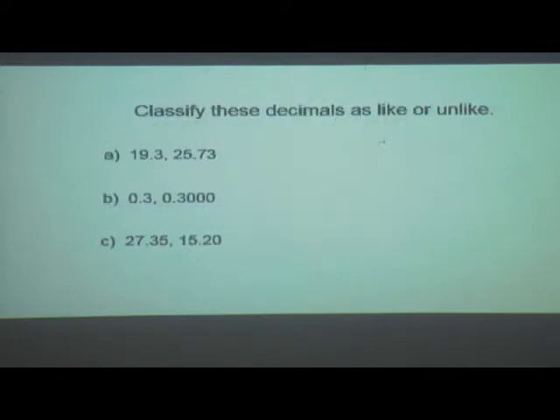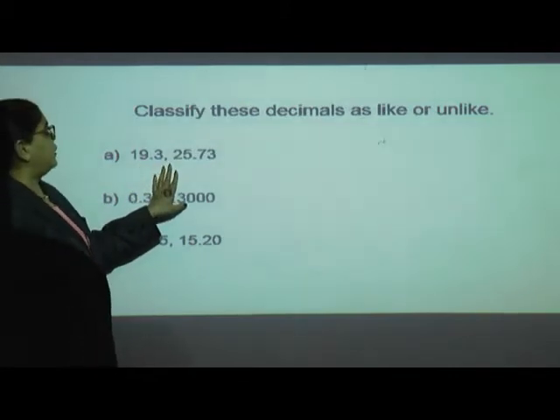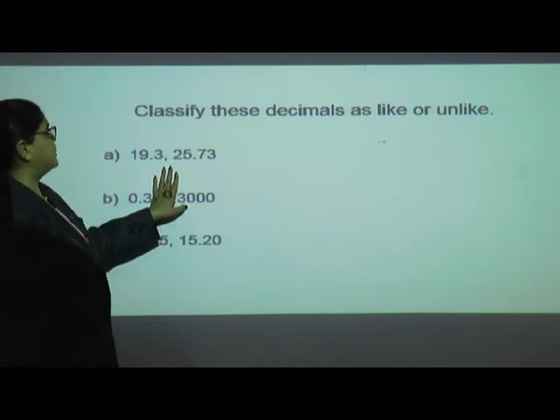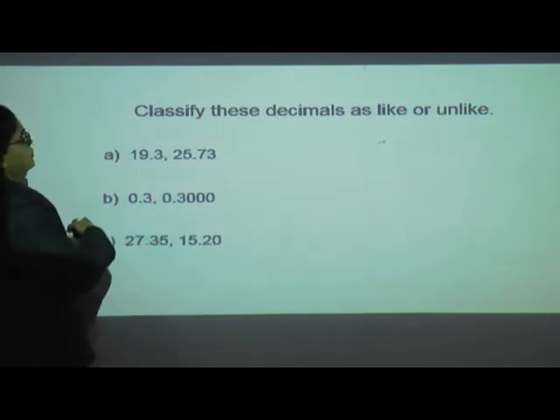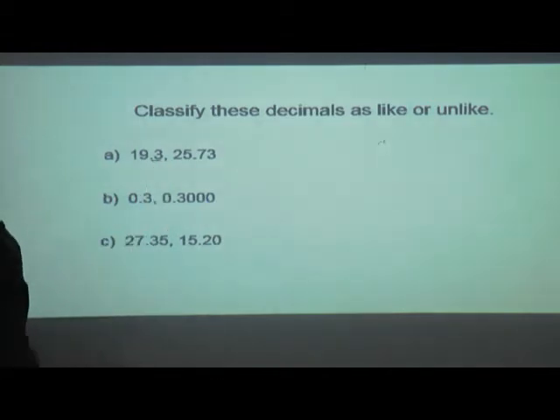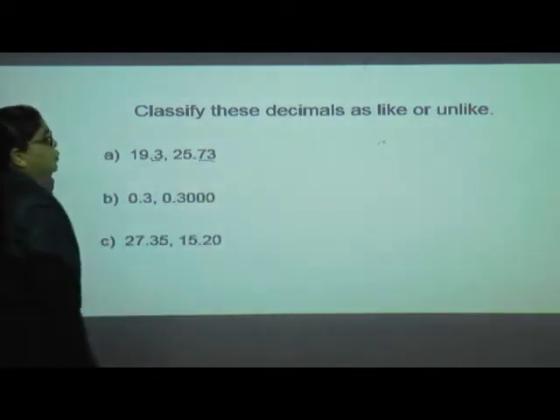Now classify the decimals as like or unlike. Already we had learned what like and unlike decimals are. Now we have to classify. Whatever we learned we will apply here to classify the decimals as like decimals or unlike decimals. Simple. After the decimal, how many decimal places are there? Here we have 1, here we have 2.